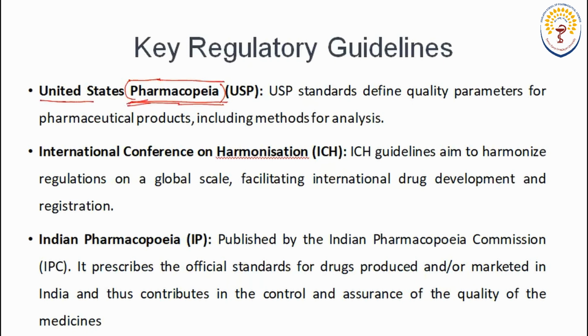So again, obviously we have to follow these books in order to ensure that we are complying with the regulatory guidelines. For example, in the United States, we have USP, called the United States Pharmacopoeia. It defines the quality parameters of the pharmaceutical product and the methods of analysis.